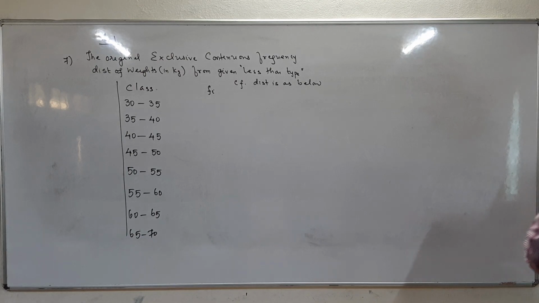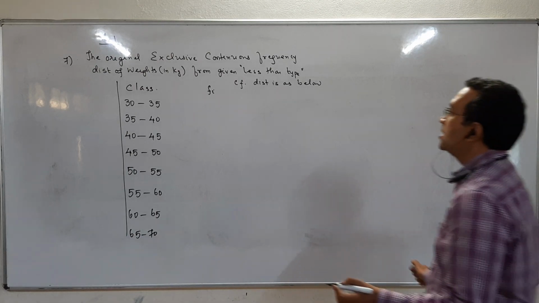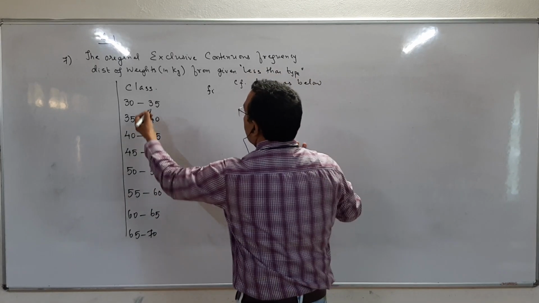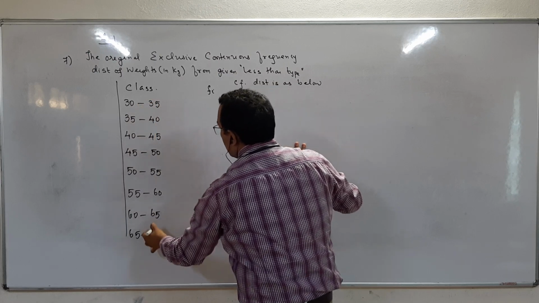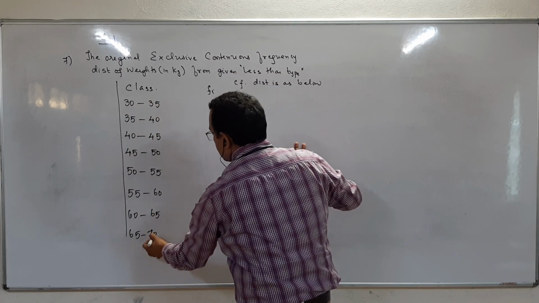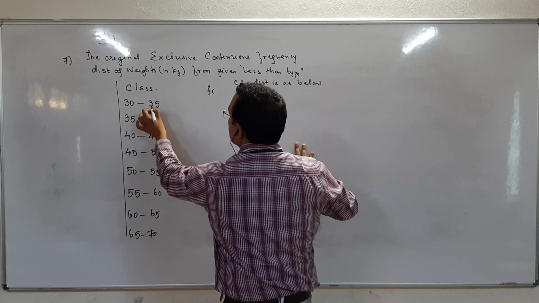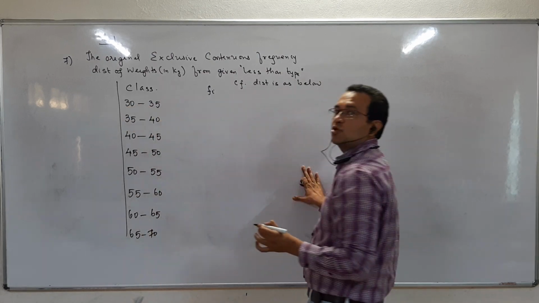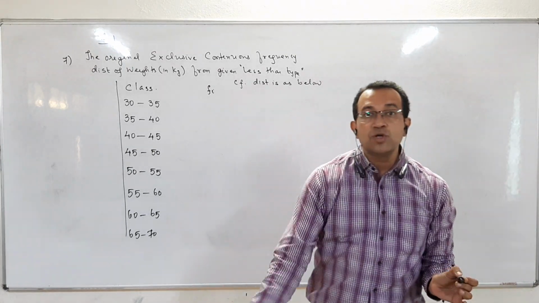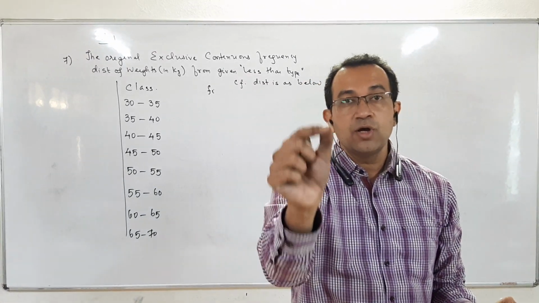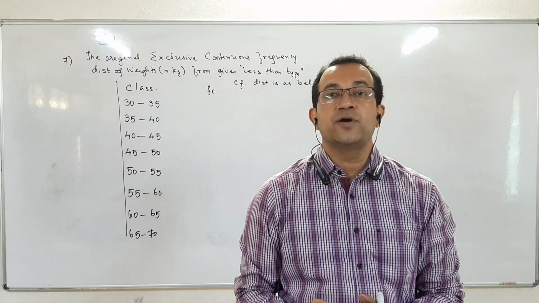So what is the concept, students, which I am trying to explain? In "less than" we use upper boundary points. So the upper boundary points are 35, 40, 45, 50, 55, 60, 65, 70, but we start with the value before and its cumulative frequency is written 0. So that value when cumulative frequency is 0 becomes the lower limit of the first class.